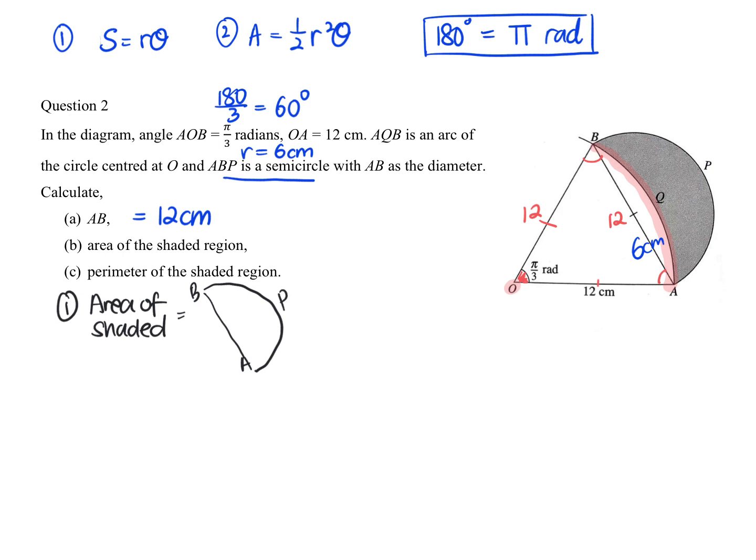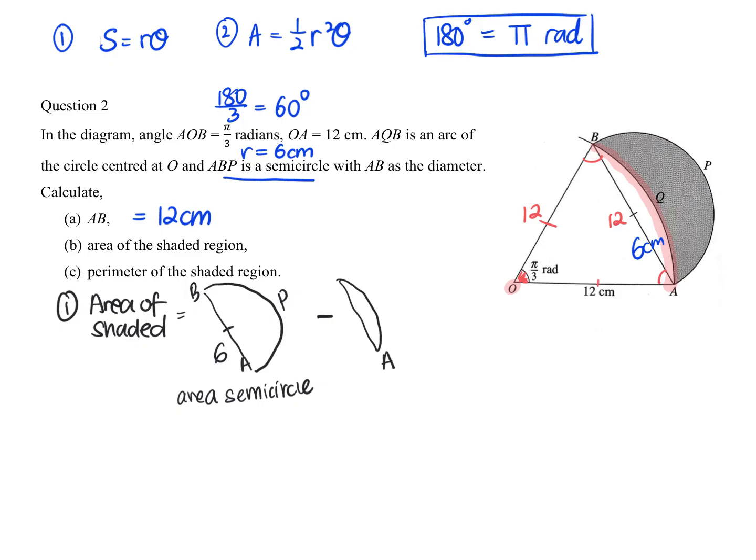Okay, so this is my semicircle with radius 6 cm. Subtract away a segment. Minus away this small segment. It's not a semicircle.